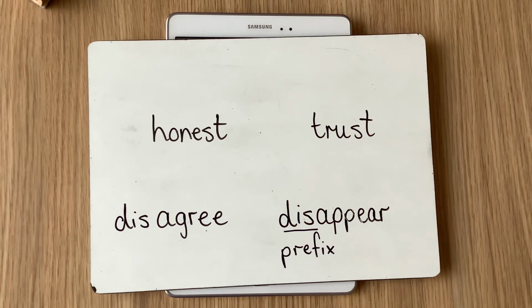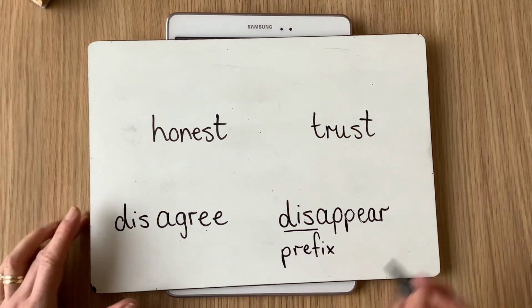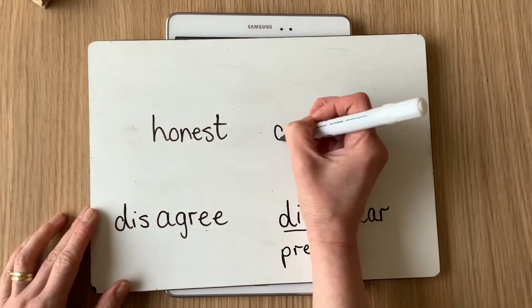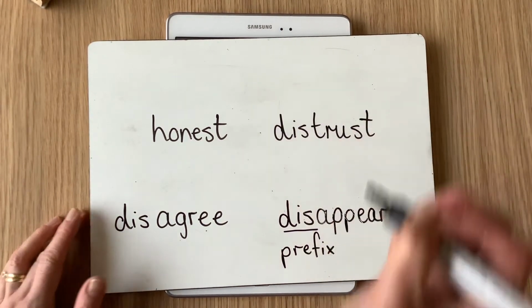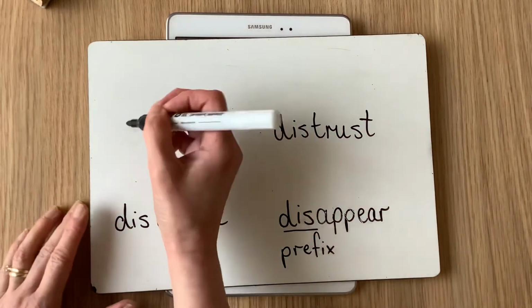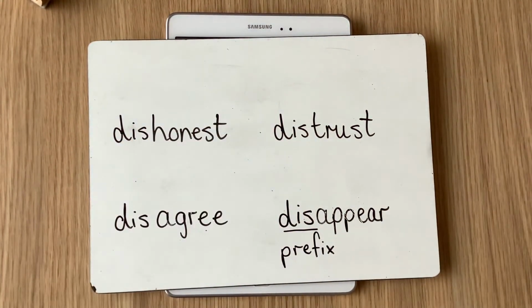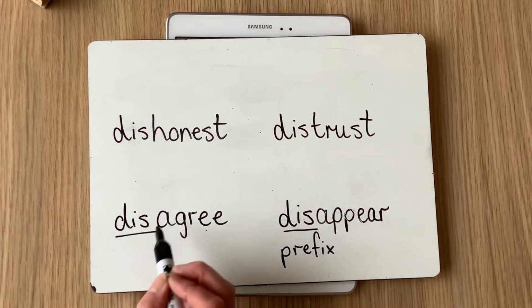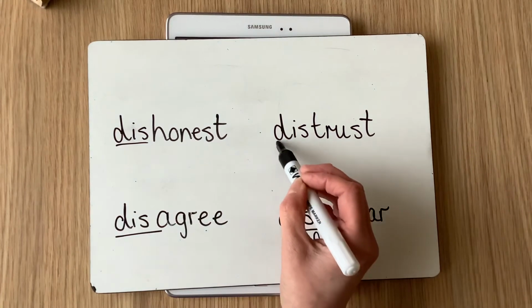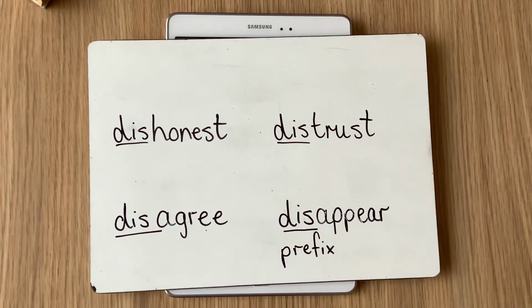But if I'm not so sure that I believe what you're telling me, well, I might distrust you. So distrust. I might say that you are a dishonest person. Dishonest. By adding this prefix dis to some words, we can change the meaning so that it becomes the opposite.